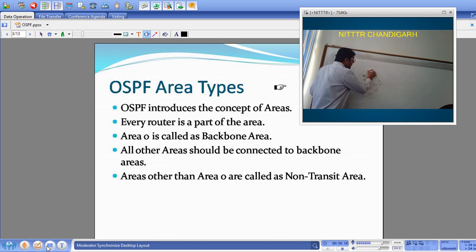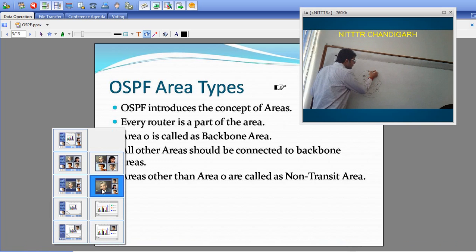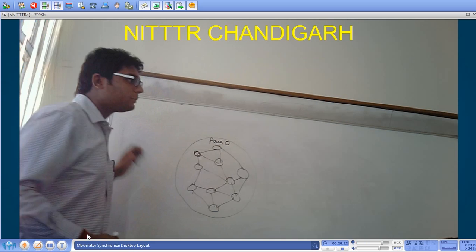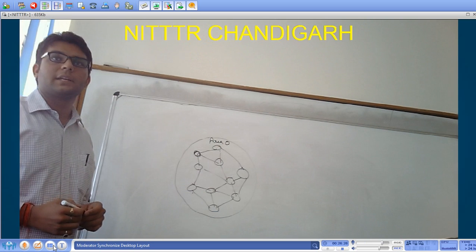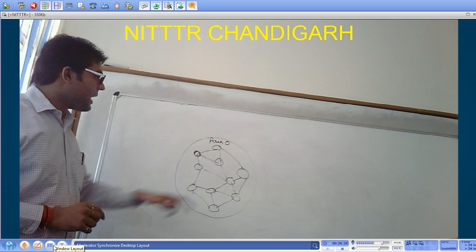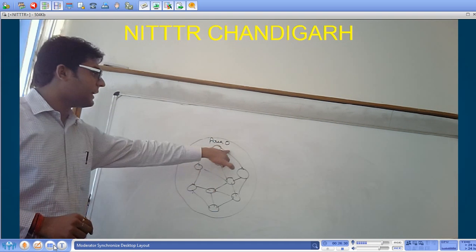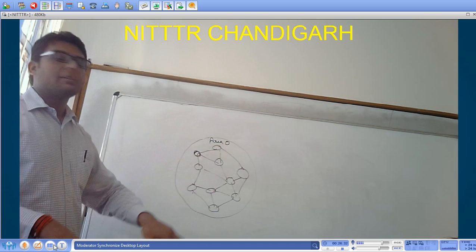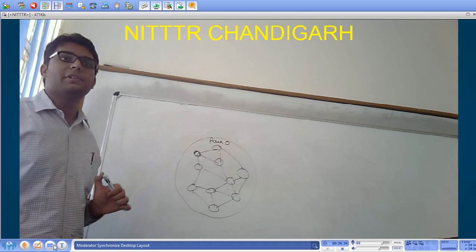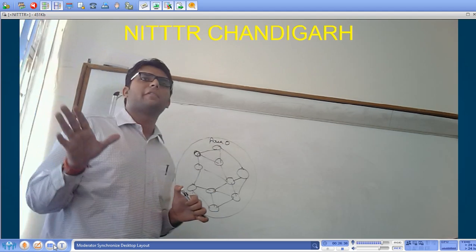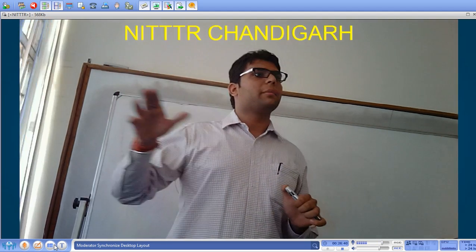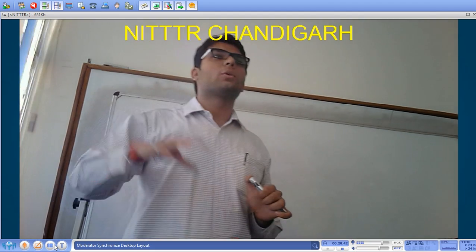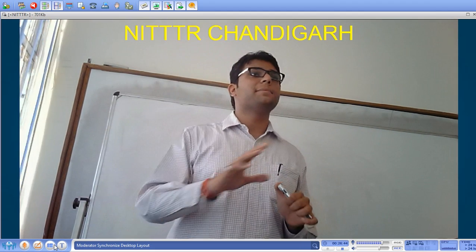Let's say these all are the routers and they are in the same area, which is your area 0. Clear? Every router will be part of an area. For now, we will keep it till area 0. There are lots of areas: backbone area, non-transit area, stubby area, not-so-stubby area, totally stubby area.